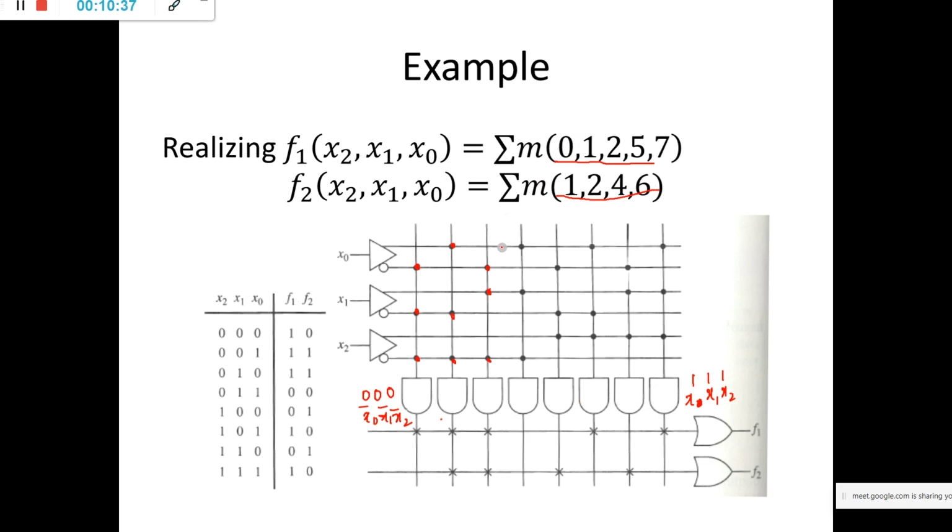So in F1, is 0 there? Yes. So put a cross mark. Is 1 there in F1? Yes. So put a cross mark. Is 2 there? Yes. So put a cross mark. Is 5 there? Yes. So put a cross mark. Is 7 there? Yes. So put a cross mark.